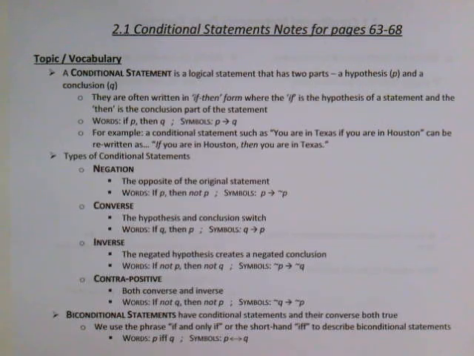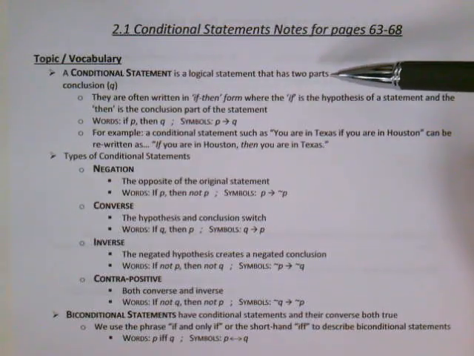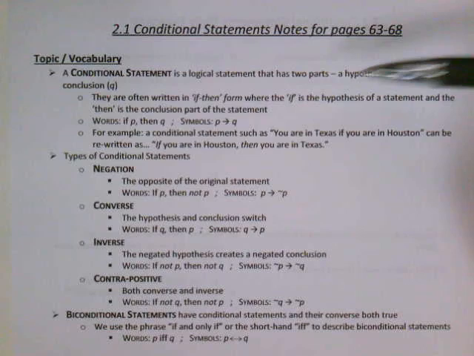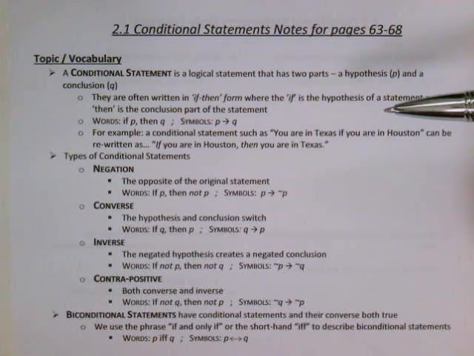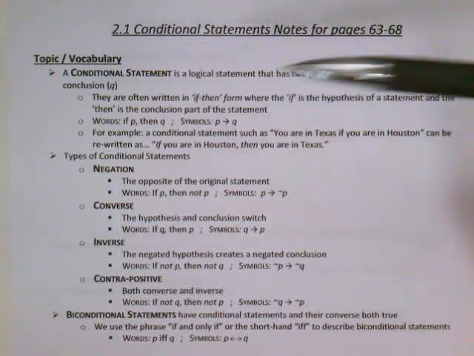as conditional statements. As you can read, a conditional statement is a logical statement that has two parts: a hypothesis, what we might refer to in math as P, and a conclusion, what we refer to as Q. They're often written in English as an if-then statement.